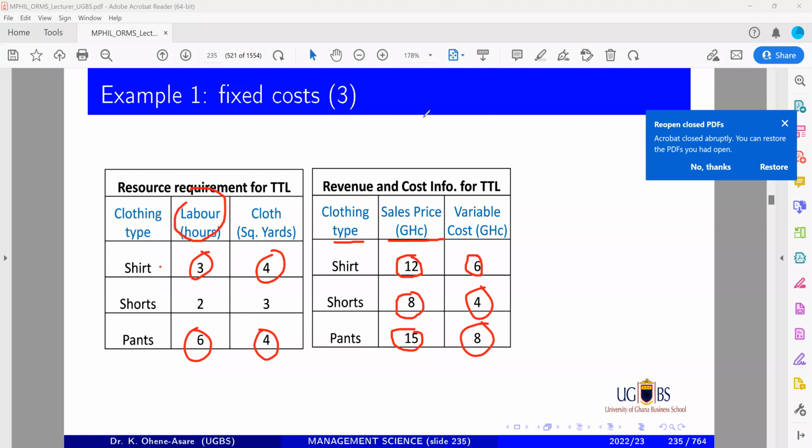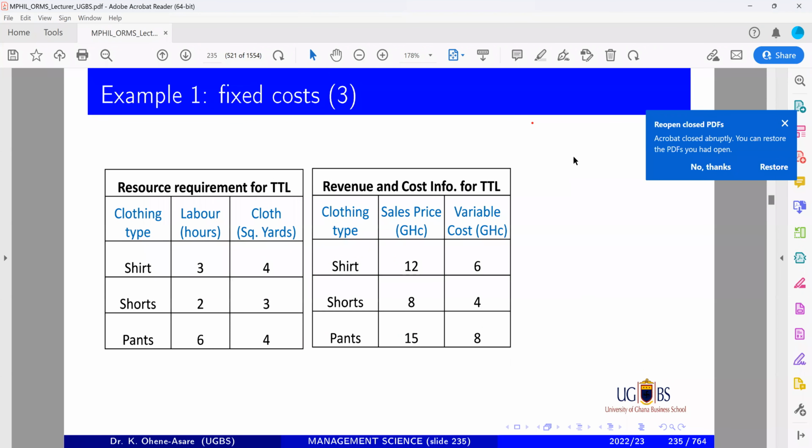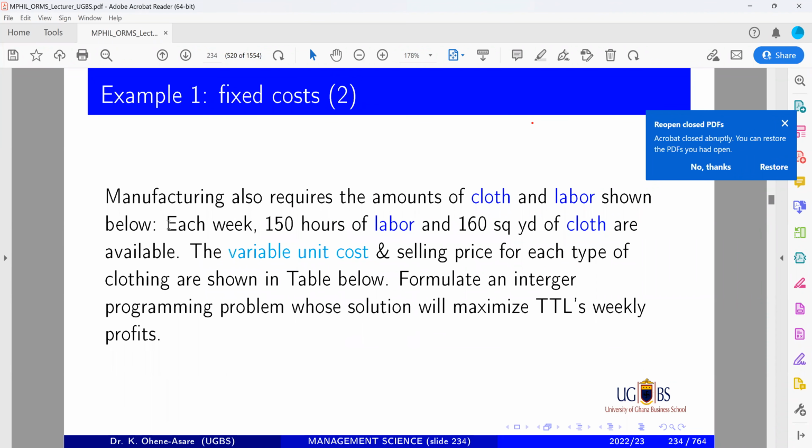Now let's go to what we are required to do. We are told here, each week, 150 hours of labor and 160 square yards of cloth are available. The word available means these items must be on the right-hand side of the constraint.